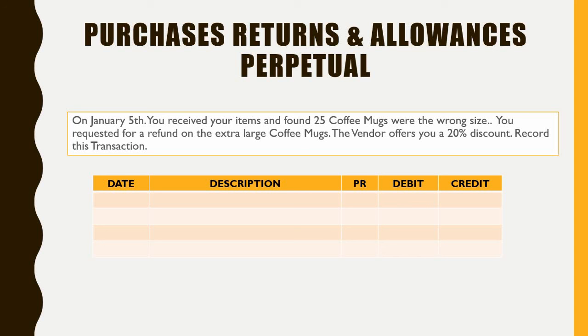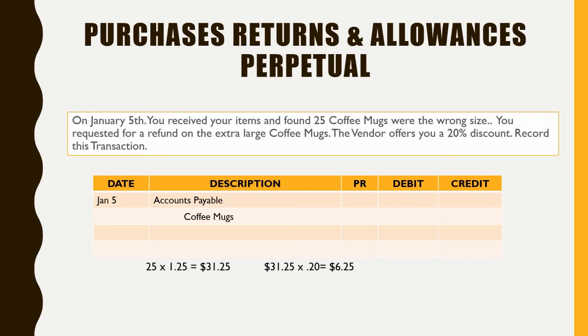You would still be using accounts payable and coffee mugs? Good. Yes, you would. That's correct. Now, how would you calculate the 20% discount? Well, you're just going to get the total from the 25 mugs, times the $1.25, and then multiply by the 20%. Good.